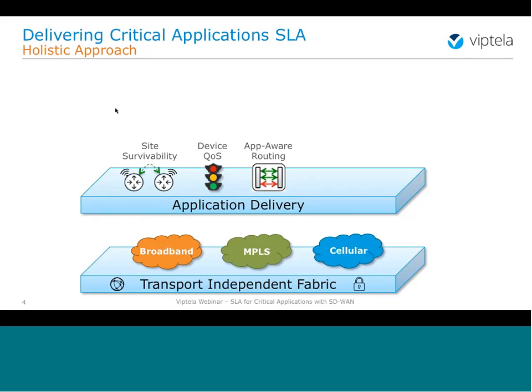So we want to make sure that we abstract the transport through the transport-independent fabric. At the same time, we want to provide a comprehensive set of monitoring functionalities for the fabric to auto-detect the changing QoS characteristics of those underlying transports.